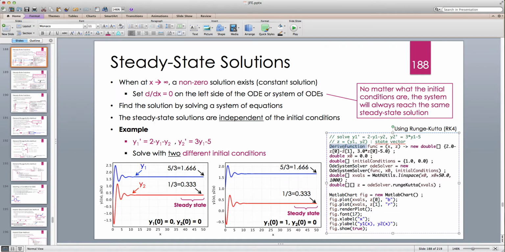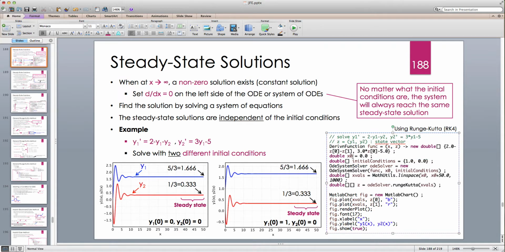And for the deriv n function, this is a system of real valued functions, so we call our deriv n function with x and z, and we return a double array of 2 elements. The first one is y1 prime, which is 2 minus z0 minus z1. The second one is 3 z0 minus 5, all right?